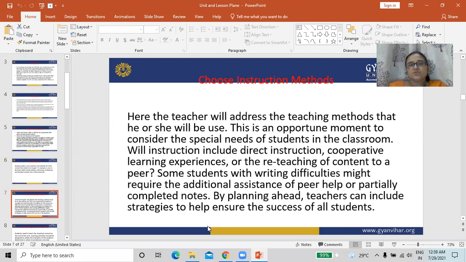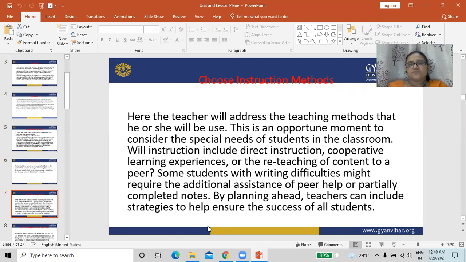The next step is to choose the instructional method. In this component, this is an opportunity to consider the special needs of students in the classroom. Will instruction include direct instruction, cooperative learning experience, or reteaching of content to the peers?